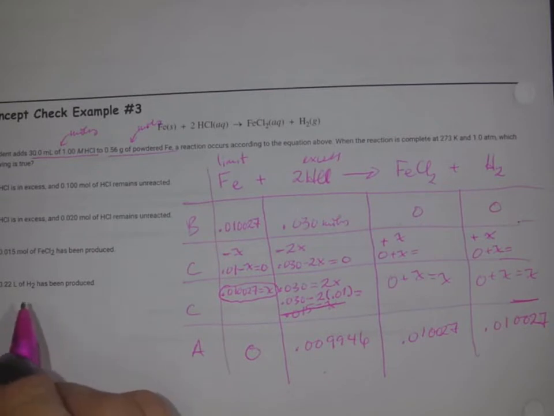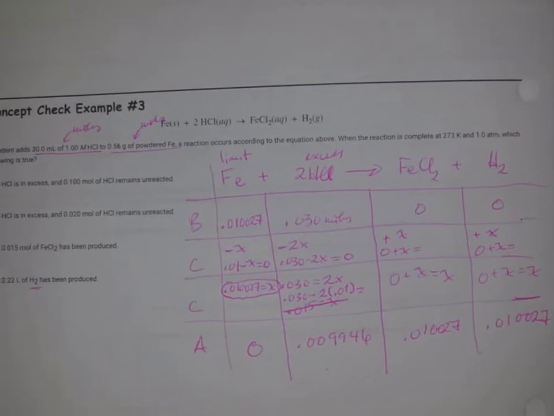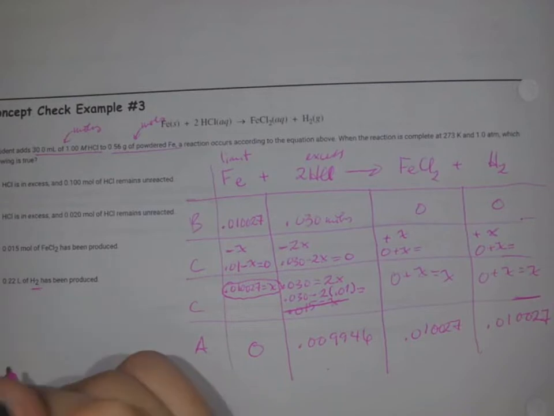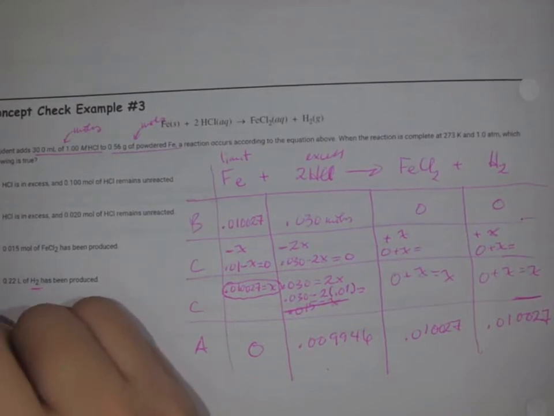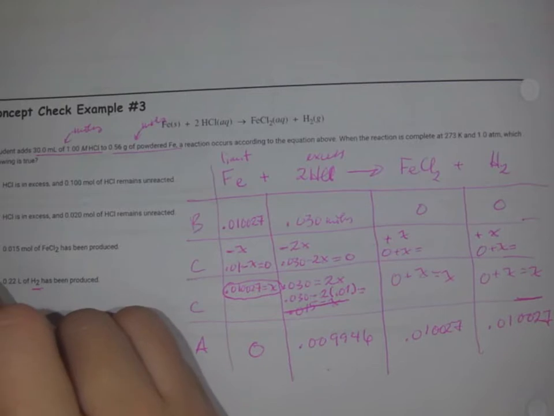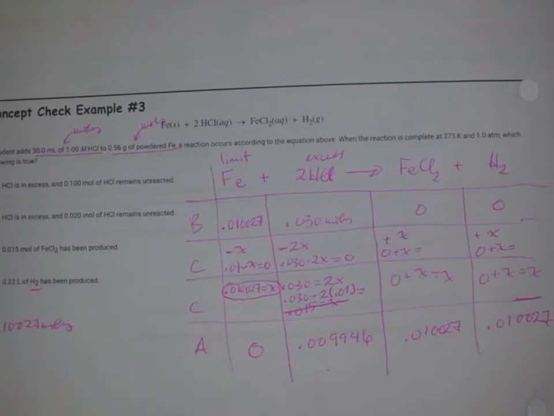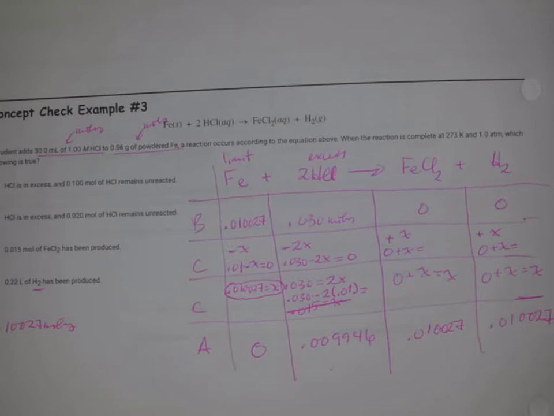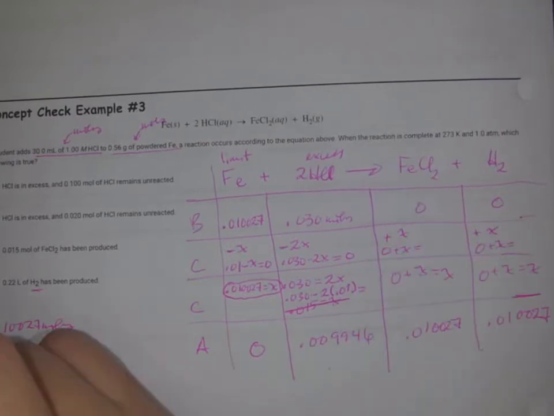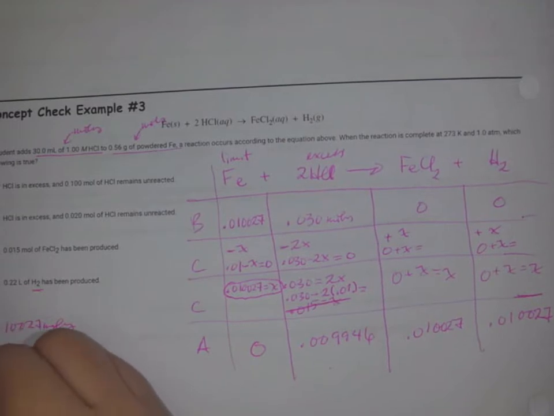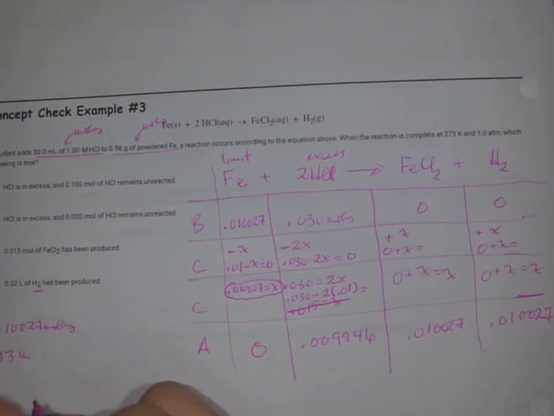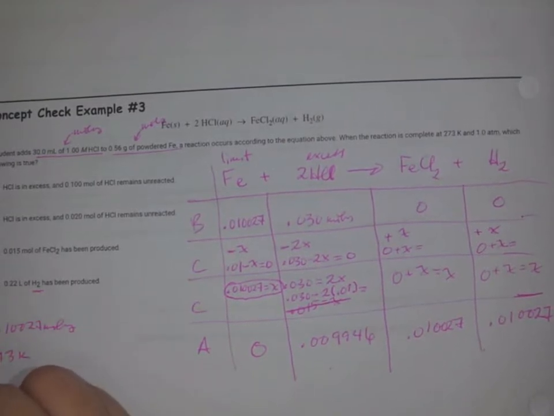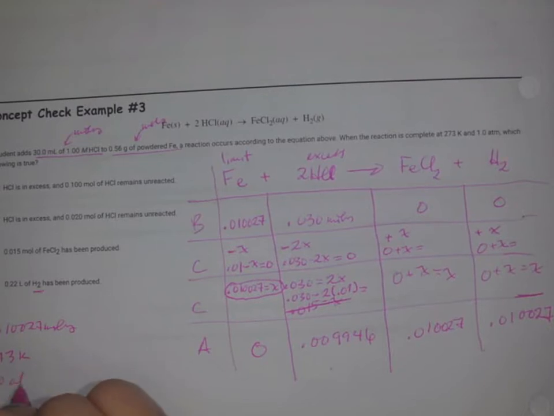So let's now check on our last option here. We know how much H2 has been produced. Like we know the amount of moles of H2 is 0.010027 moles. Okay. And then it tells us the temperature, 273 Kelvin. We know the pressure is 1 atmosphere.